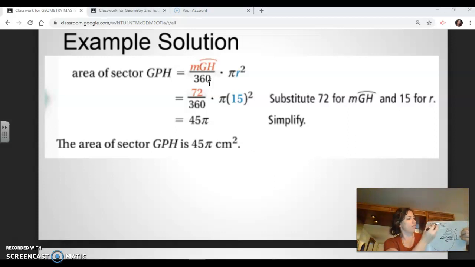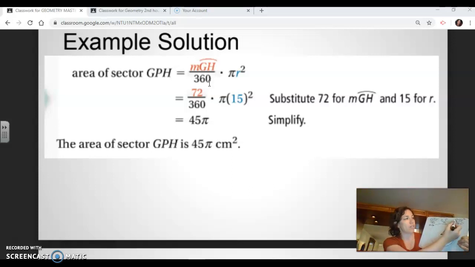You would have the sector, this is where they're getting the pi r squared. And then 180 times 2 would be 360. So if you were to just do these in 1 step instead of 2 steps, you'd have the exact same equation that's right here.